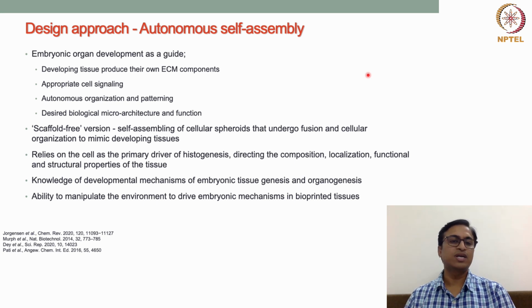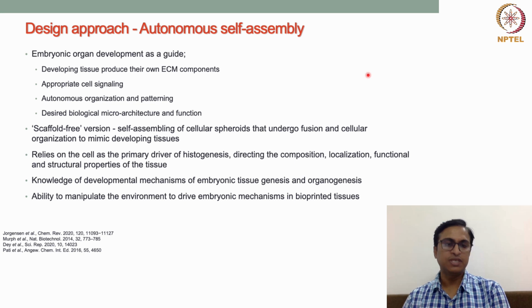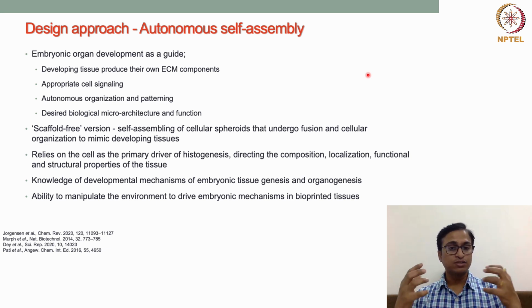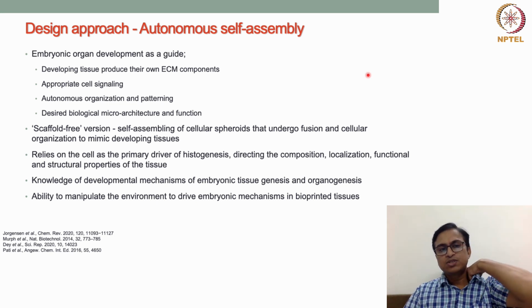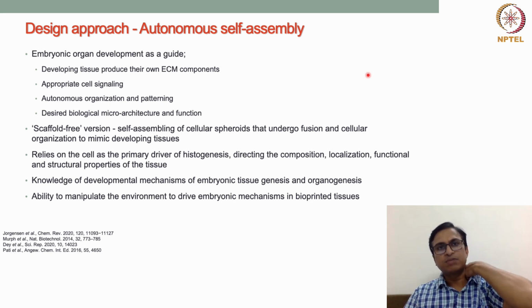Then autonomous organization and patterning. In the early stages of embryonic organ development, the cells organize themselves together and also pattern themselves in a particular order, by which different organs or tissues develop. So that process is autonomous.